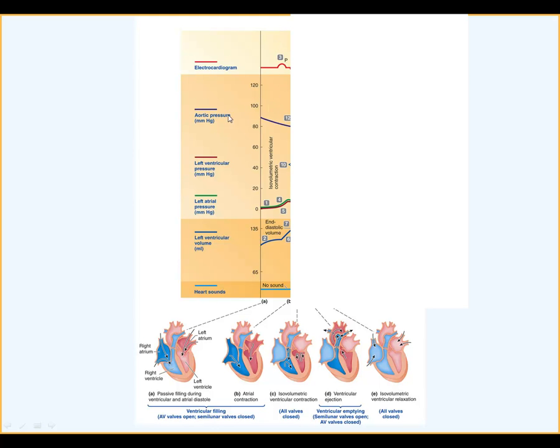So aortic pressure has nothing to do with the atrial contraction, so we'll just keep going until we get into the left atrial pressure and the left ventricular pressure. What happens when you contract the atria is that you increase the pressure in the atria, and as you increase the pressure in the atria, you will increase the flow from the atria to the ventricle.